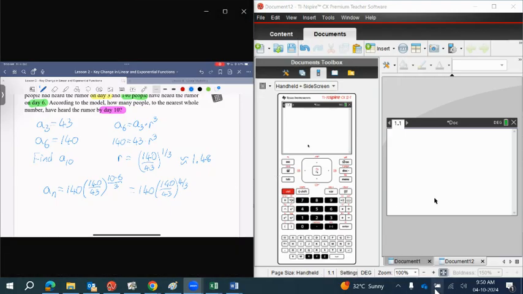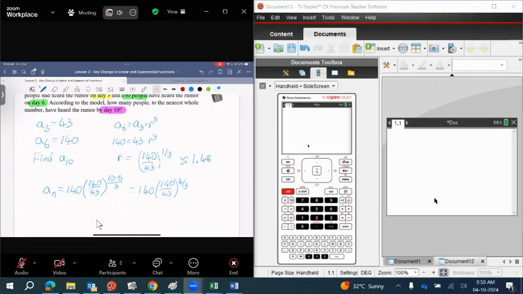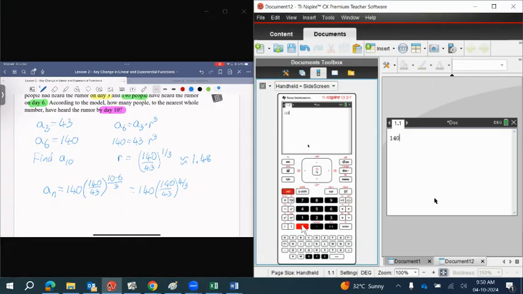So I can put that into the calculator. 140 times, and then I'll do a bracket, I'll do a quotient, 140 over 43 to the power of, and then I'll put in another quotient, and we want 4 over 3. Press Control Enter to get the exact answer.